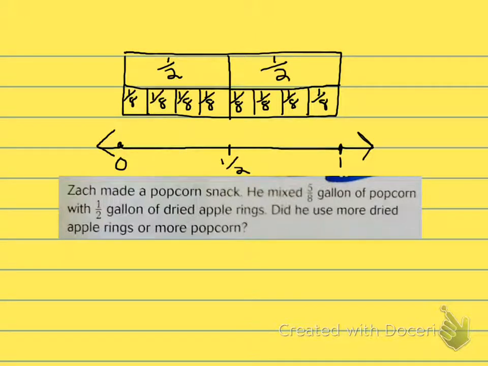Okay, so Zach made a popcorn snack. He mixed 5/8 gallon of popcorn with 1/2 gallon of dried apple rings. Did he use more dried apple rings or more popcorn? So we can use the benchmark half to help us understand this better. 1/2 is here, this first rectangle.